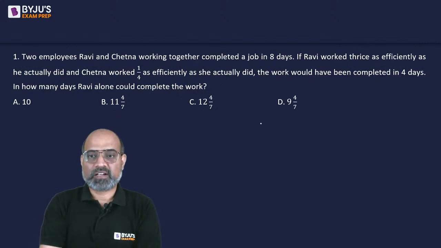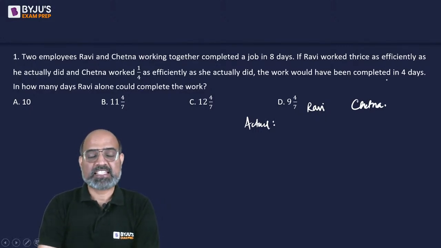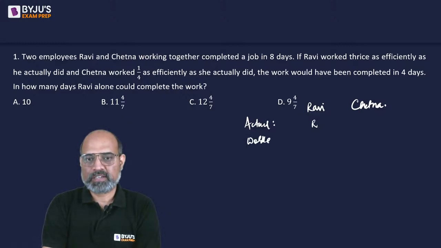So, if you talk about the actual efficiencies of Ravi and Chetna, Ravi worked thrice as efficiently. Let's say Ravi's actual efficiency is R. So he worked at thrice of actual, so it's 3R.